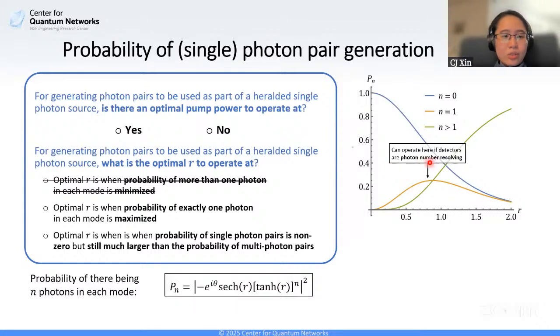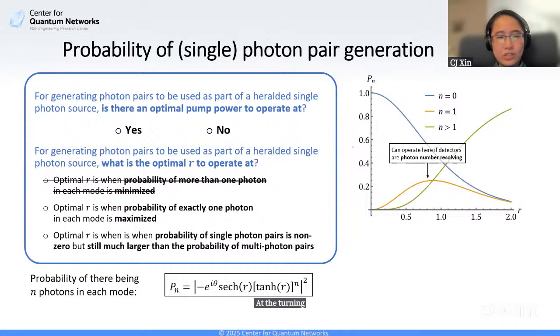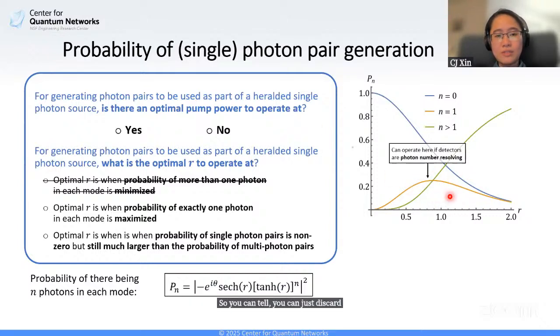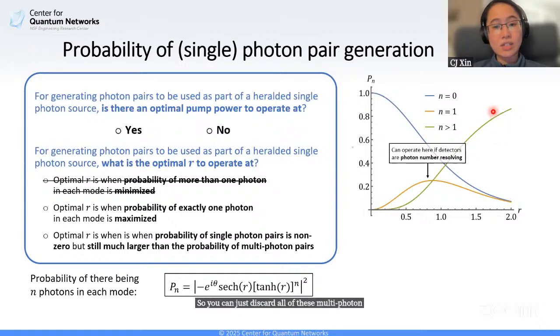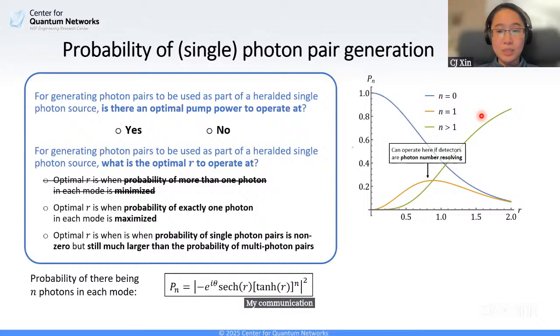In general, you can operate here at the turning point. So option 2 is right if and only if your detectors are photon number resolving. So you can just discard all of these multi-photon events and say, these actually aren't generating the resource states that I need for, let's say, my communication application or for my computation.